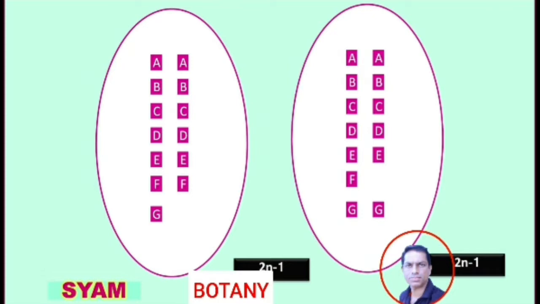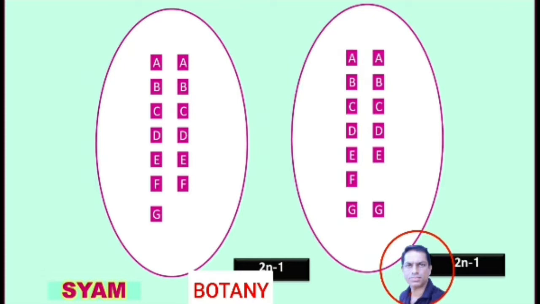So monosomic means loss of an individual chromosome, and the organism is called monosomic. The formula of monosomy is 2n minus 1. It produces n and n minus 1 gametes.